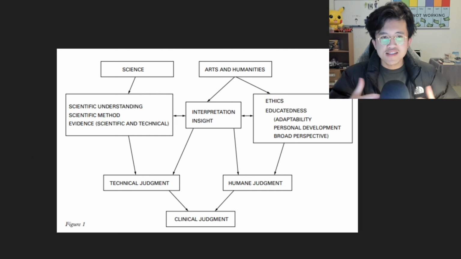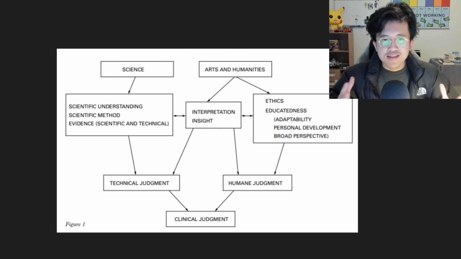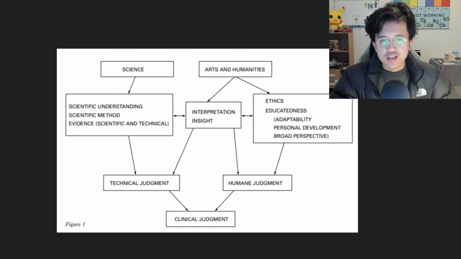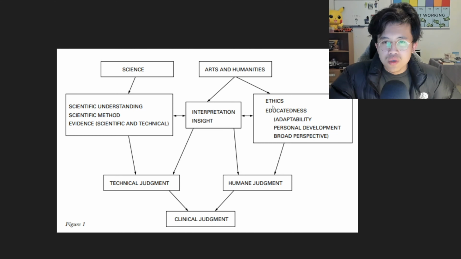So in this model, we can see how the science and arts and humanities can be used together in correlation. They should never be seen as separate, but they should be seen hand in hand. With science, when clinicians gain a scientific understanding, they can use their interpretation and insight along with studying ethics and educatedness, so things such as broadening their perspective and adaptability.